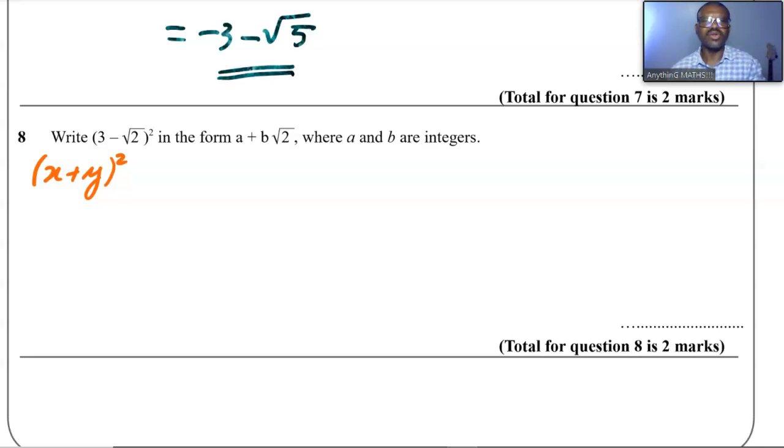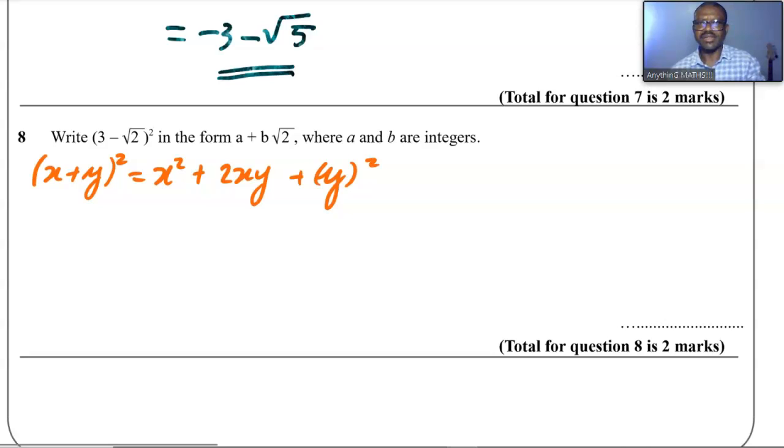Instead of doing the long expansion, what you can do, you square the first and you multiply 2 by what you've been given, then you square the last, y squared. Let's see how it works. It's very, very, very easy.